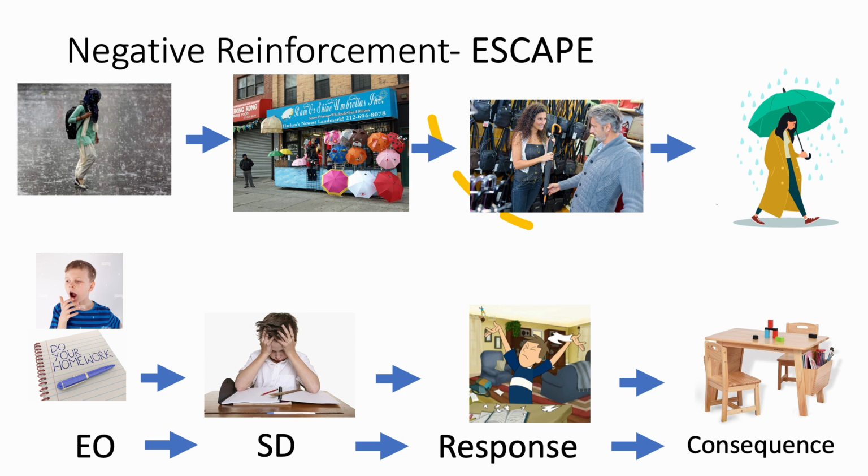We'll see different topographies of problem behavior. So I really urge you guys to consider whether or not escape extinction is an appropriate intervention for the client that you're working with. Usually there's other interventions that we can combine or that we can use instead of escape extinction, such as maybe teaching an appropriate alternative behavior. That would be a good possible intervention that you can use. And this is just my little ethical tidbit that I'd like to throw into my lectures that I've mentioned to you guys.